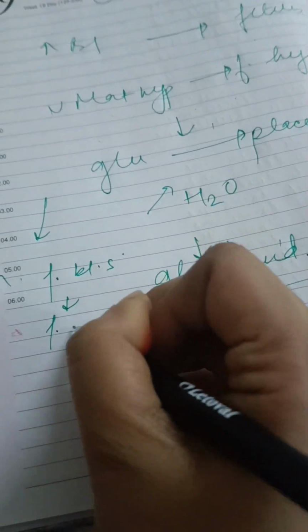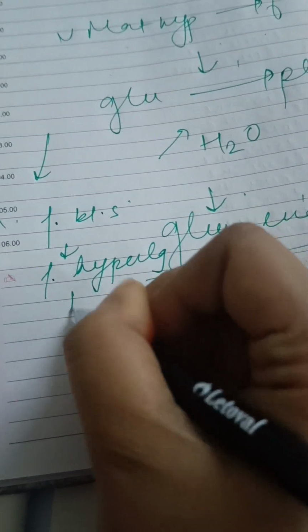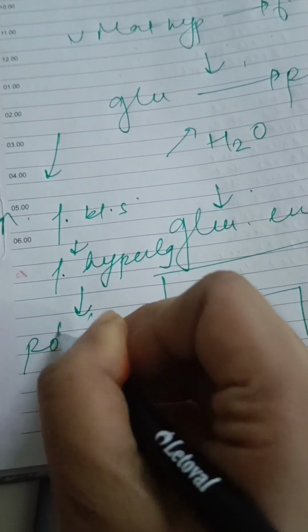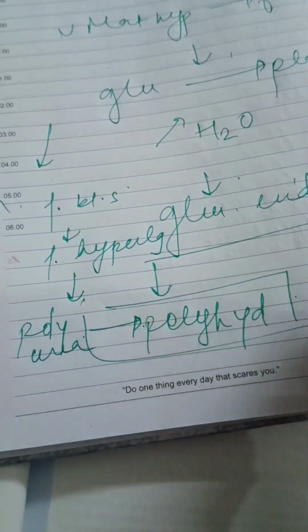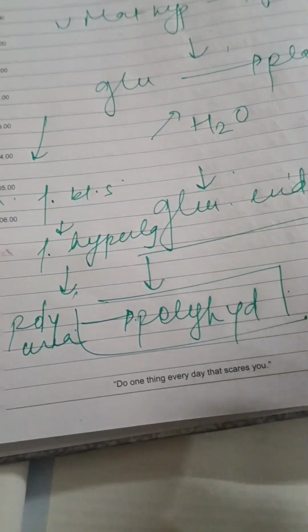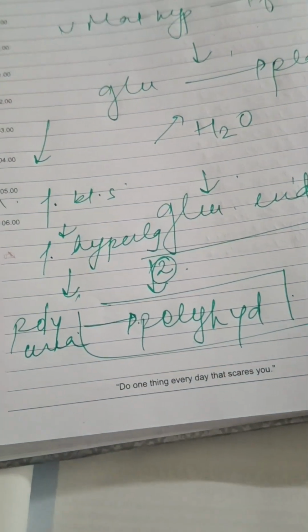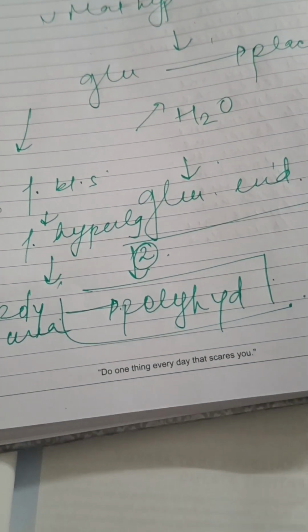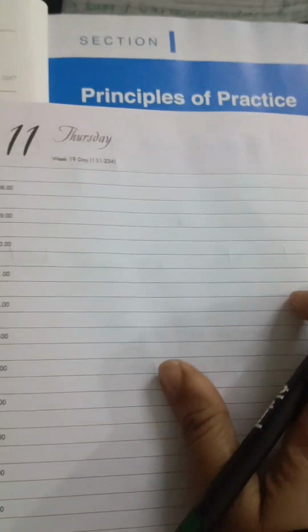This fetal hyperglycemia will lead to polyuria, leading to polyhydramnios. So the first complication was increased propensity of infection, and the second is polyhydramnios. Now moving to the third complication.